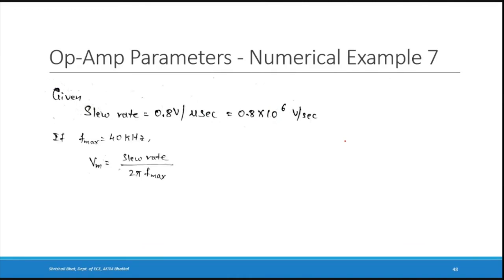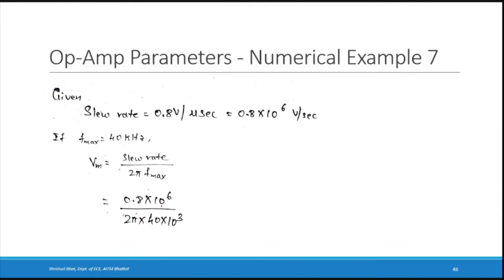It is given that the frequency is 40 kilohertz, and you are asked to find the maximum amplitude. For that, you can use this equation: Vm is slew rate divided by 2 pi into f max. Just substitute all the things that you know. Slew rate is 0.8 into 10 raised to 6, converted to volts per second, otherwise you won't get the proper answer.